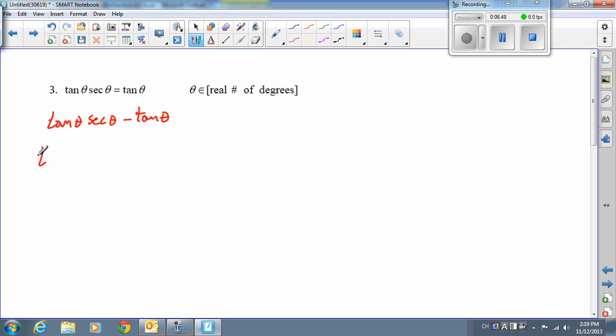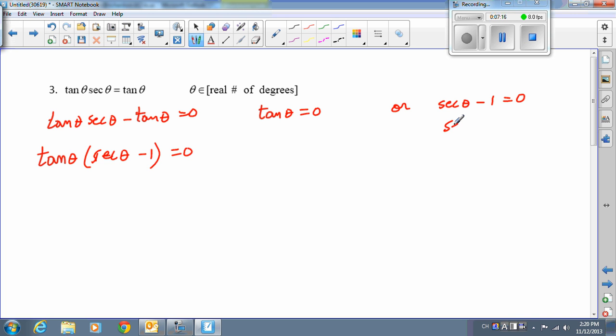From here, I know I can factor the tangent theta out, and I get secant theta minus 1 equals 0. Now, if I split them in two, I'll have tangent theta equal to 0, or secant theta minus 1 equals 0, or secant theta is equal to 1.